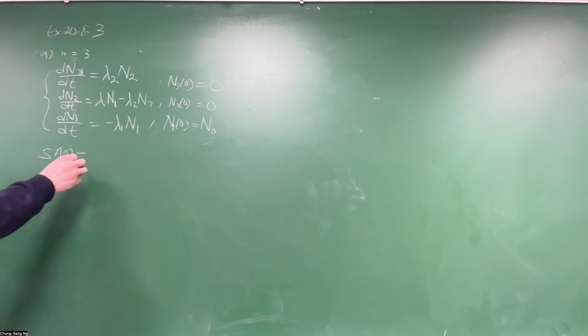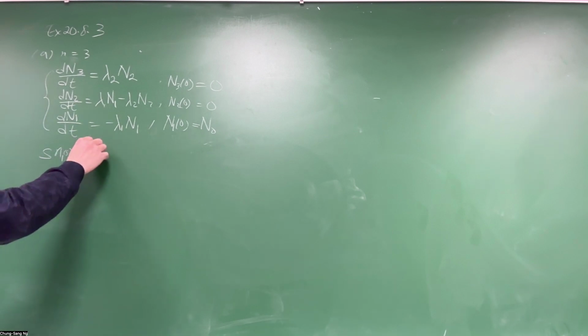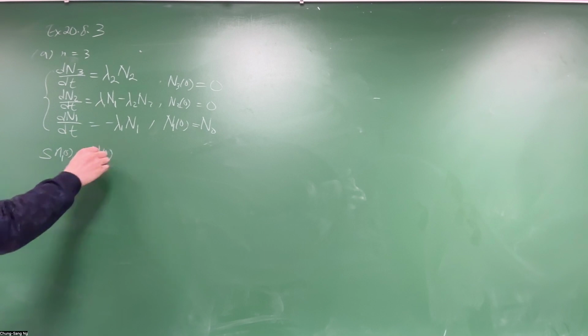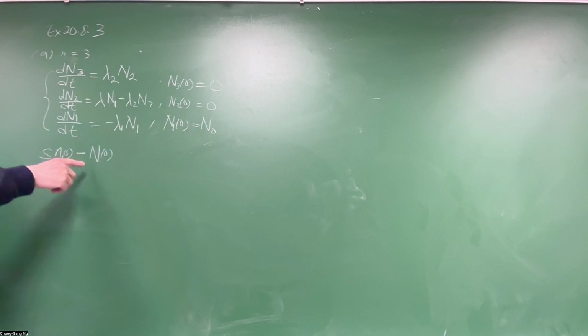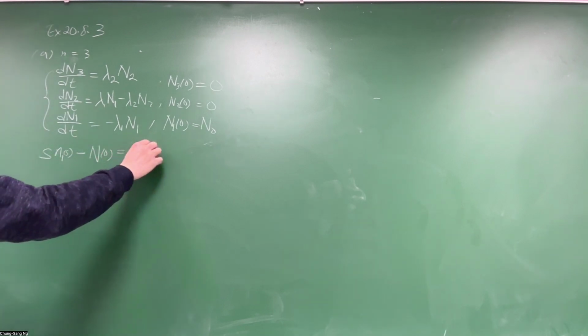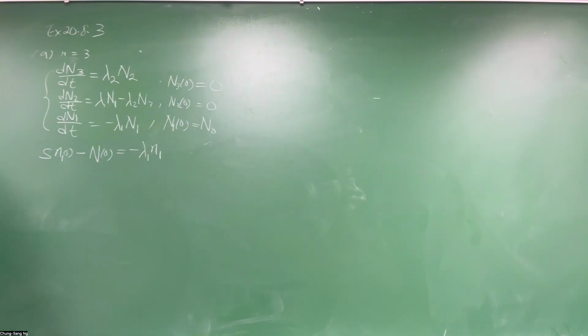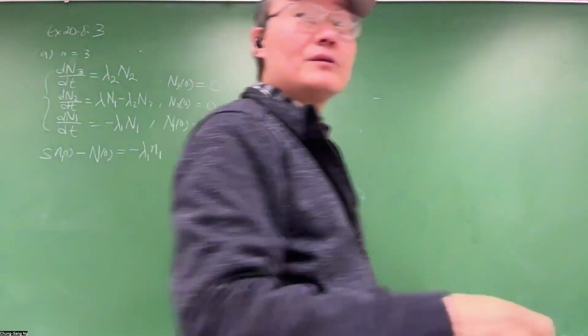Initial condition should be n0, right? I'm working on this equation, the last equation. That equation is number 1. And that's the transform variable.